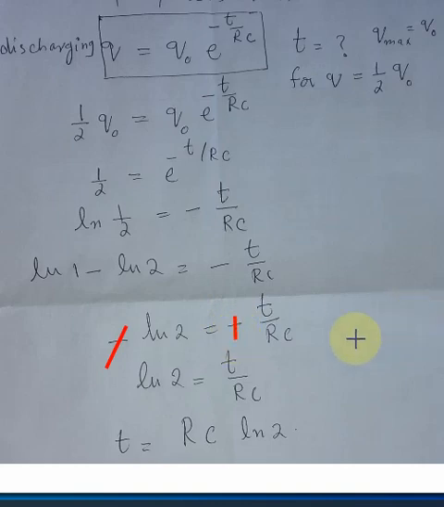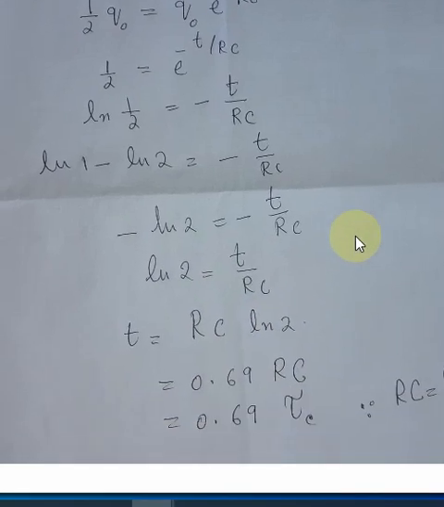So we will get positive log of 2 is equal to t over RC. And since we have to find the time, then time will be equal to the product of this RC with log of 2. Now if you remember, what is RC?